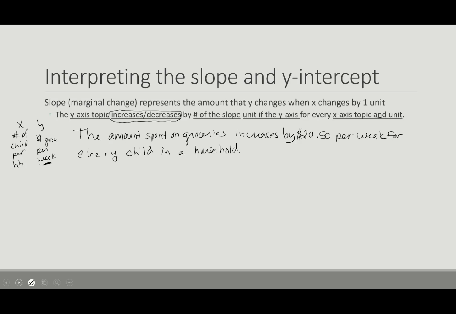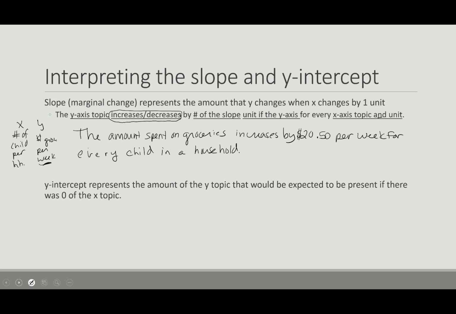Now we're also going to need to interpret the y-intercept, and that's going to represent the amount of the y topic that would be expected to be present if there was 0 of the x topic. So if we do that for our situation, and again, remember our x and our y topics up here, well, our x topic is number of children.